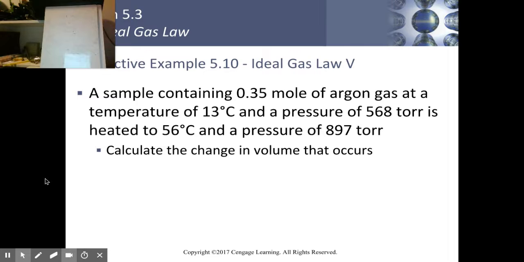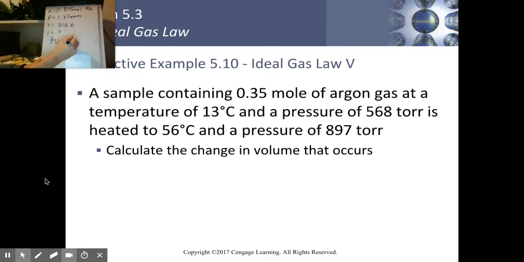So we need to calculate the volume occupied by 0.845 moles of nitrogen gas at a pressure of 1.37 atmospheres and a temperature of 315 Kelvin. And what is the volume? Using the ideal gas law.